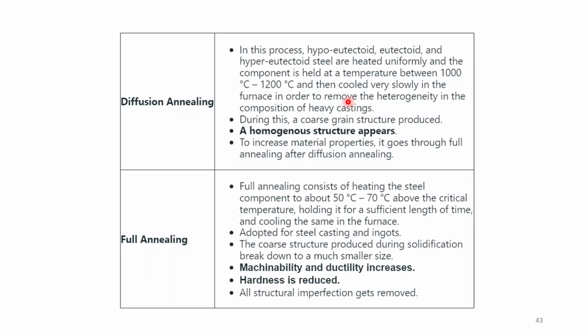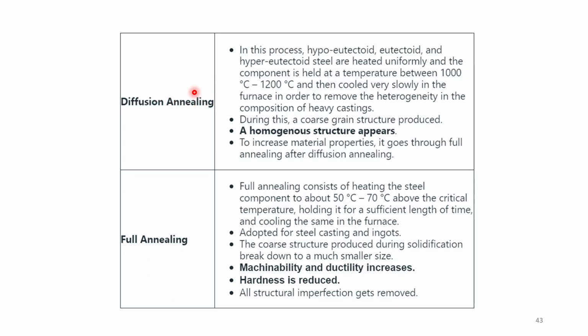So heavy casting meaning it's a very large casting, so it is more likely to have a composition distribution which is not uniform. Okay, so coring or these types of effects will be seen, and to remove those you provide diffusion annealing. During this, a coarse grain structure is produced. So this is not used as the final heat treatment process.